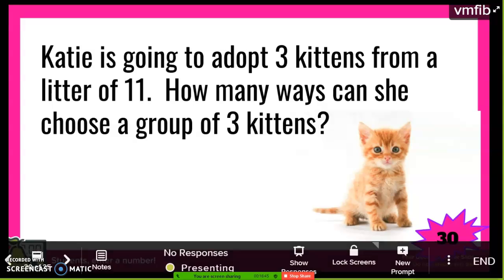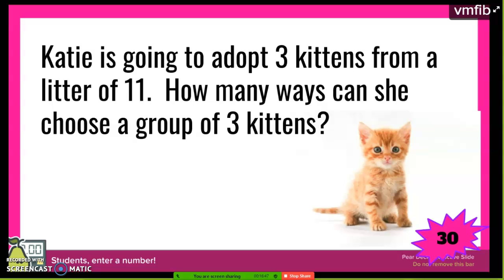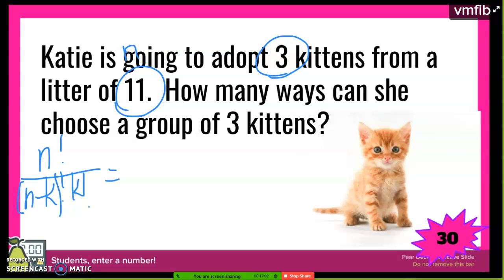This is a combination. N factorial over n minus k factorial times k factorial. So here's n, 11. Here's k, 3.